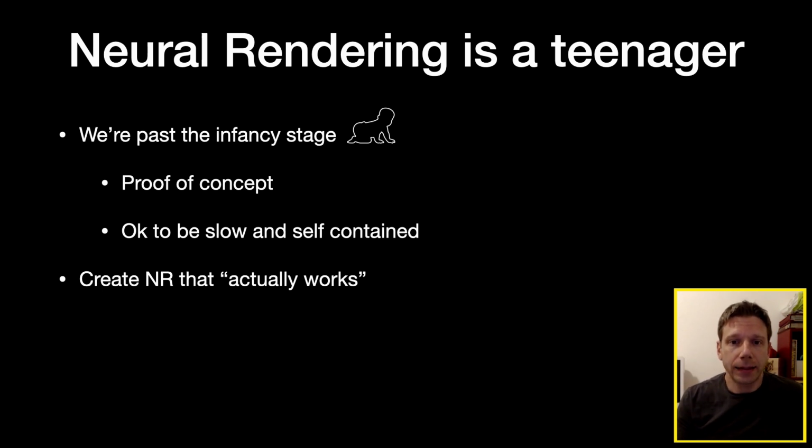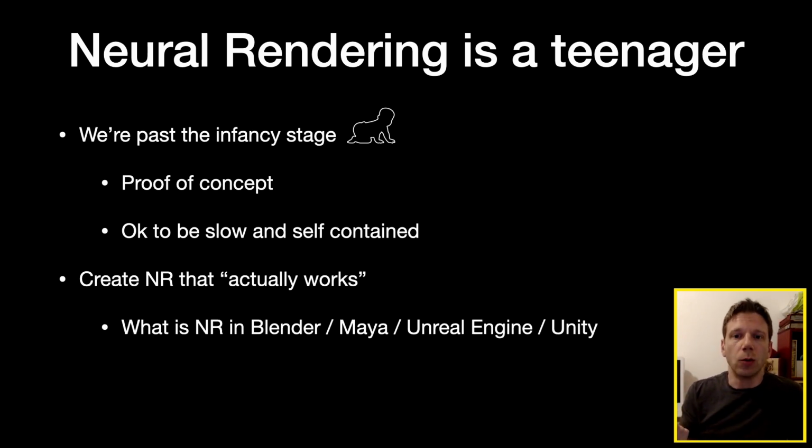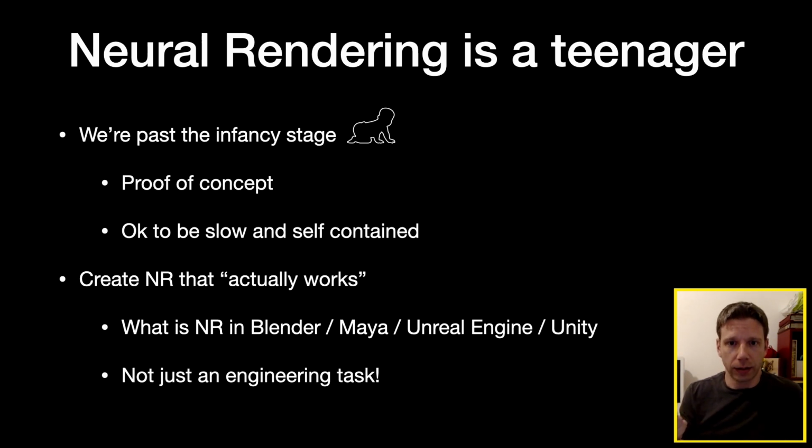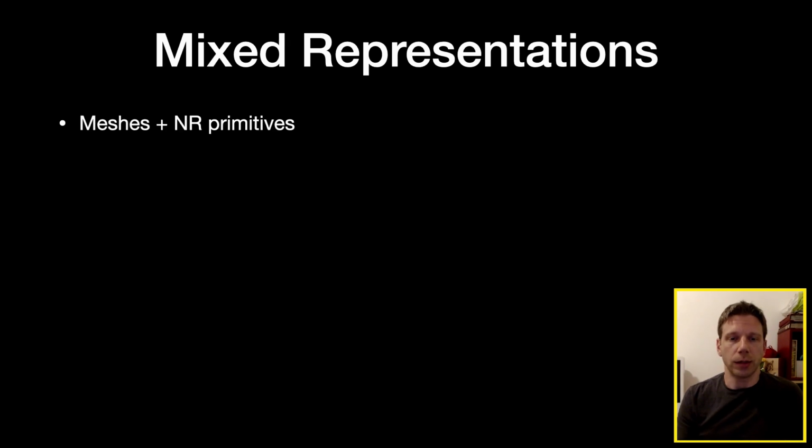And you should really ask yourself, what does a neural rendering component inside Blender or inside Unity look like? And it's not just about engineering. The engineering is far from being trivial, but we really need to answer some deep questions here.